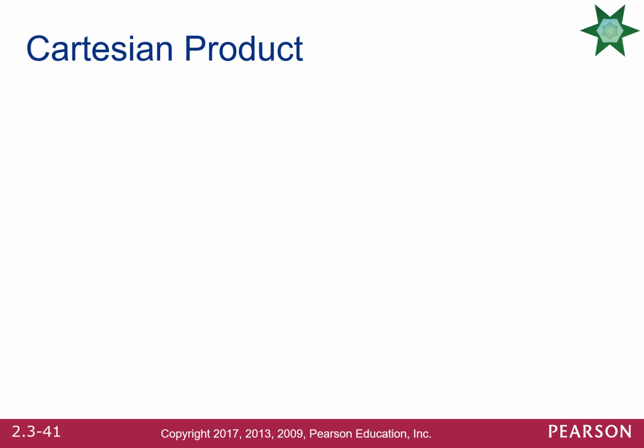Now there's one more operation that we need to know about that is done on sets, called the Cartesian product. Now, the Cartesian product will have the end result of having pairs of elements.